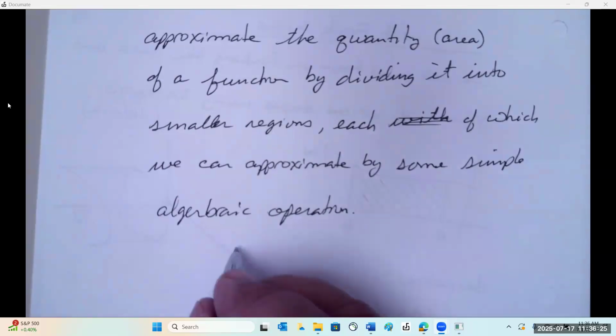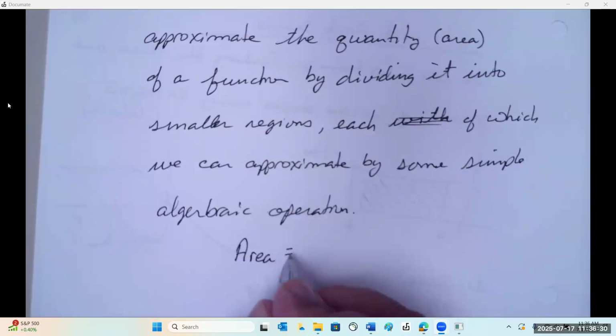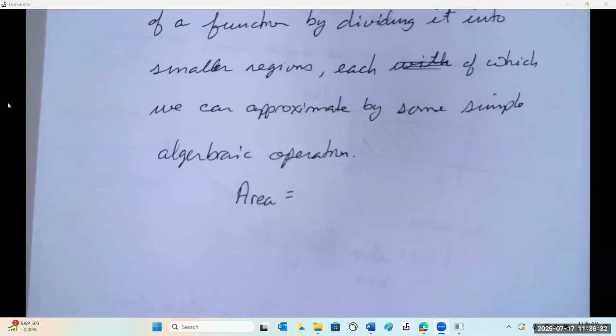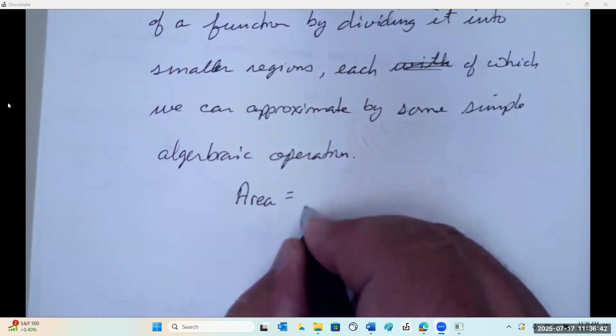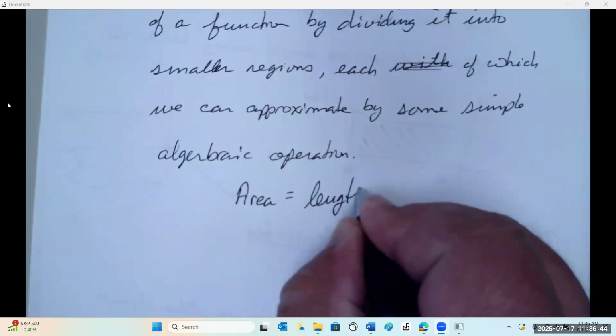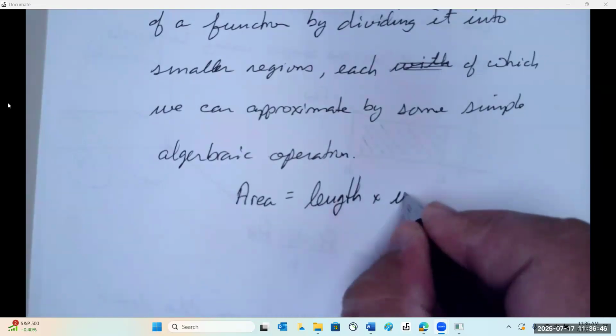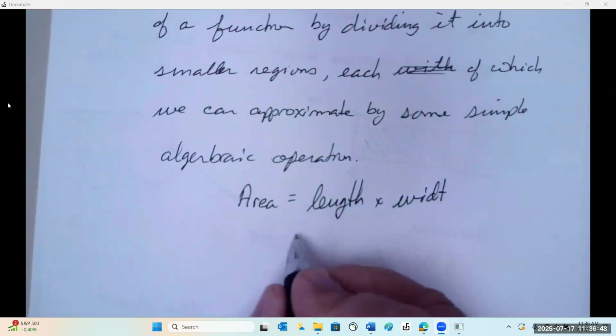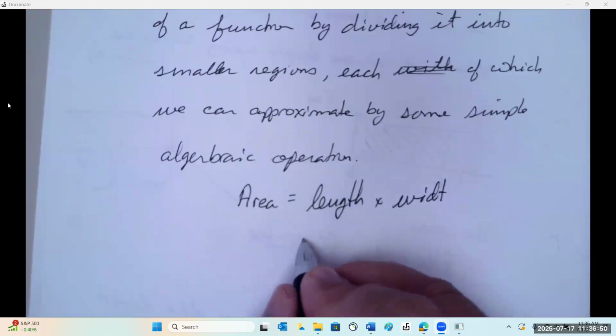Basically, if you think about it, we're going to talk about an area. What's the formula for the area of a regular object? Length times width, or base times height.